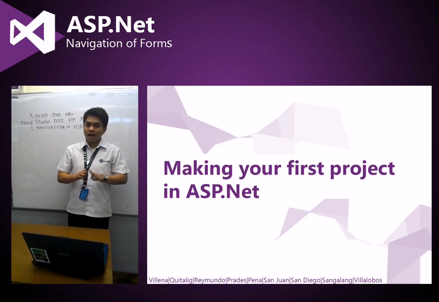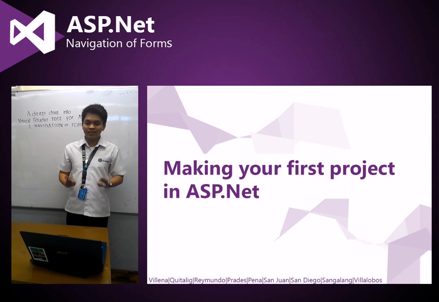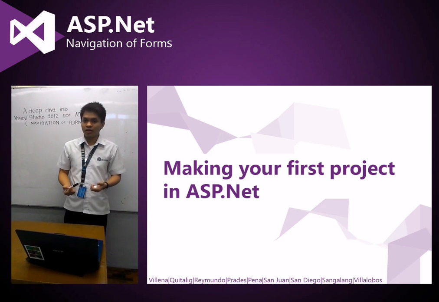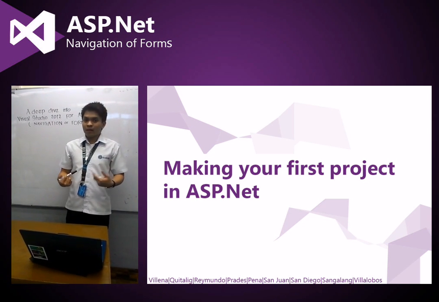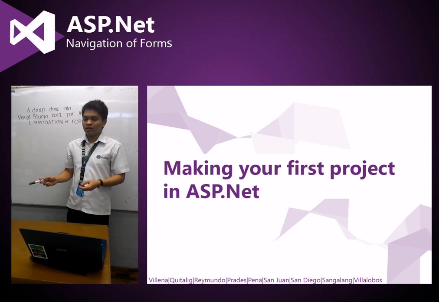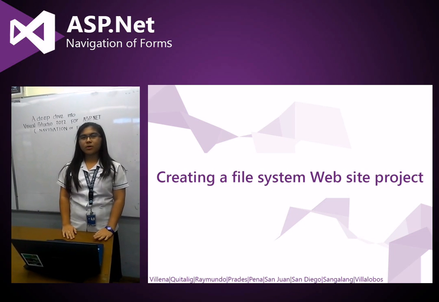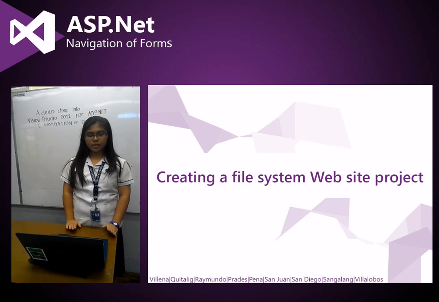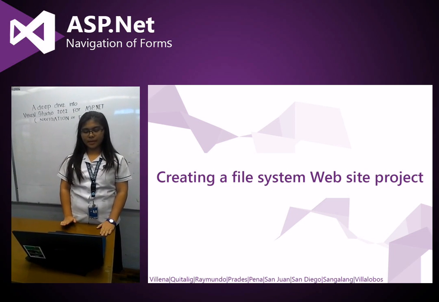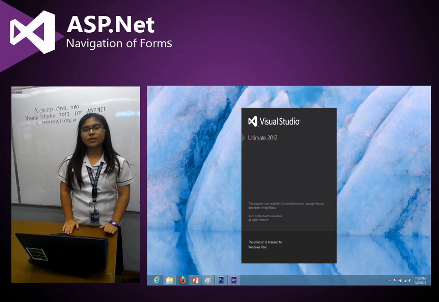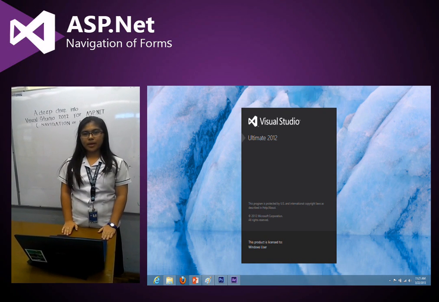We're going now to create a file system website project. With me, Miss Lara Raimundo will give you a walkthrough about this one. I'm going to discuss creating a file system website project. First thing you need to do is open Visual Studio 2012.